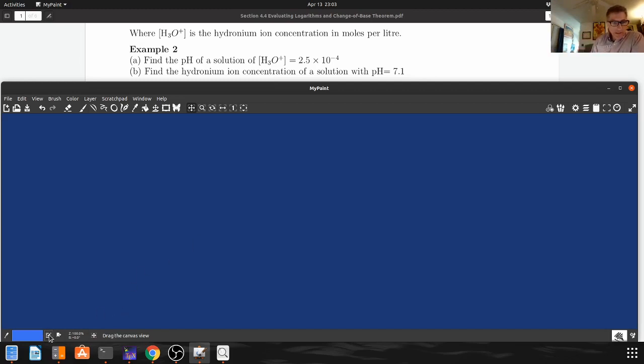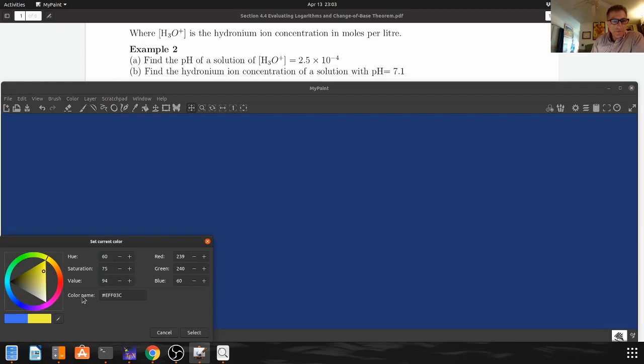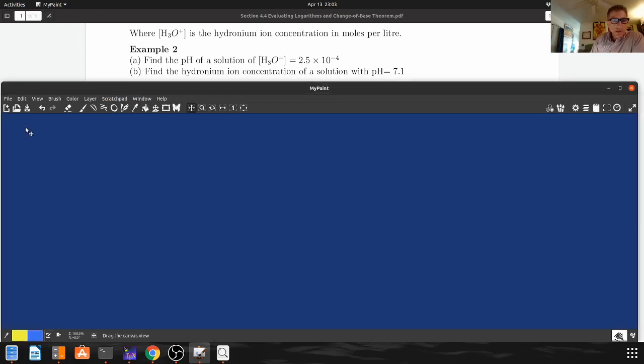So the next thing we want to do is example 2b. We want to find the hydronium ion concentration of a solution with pH 7.1.